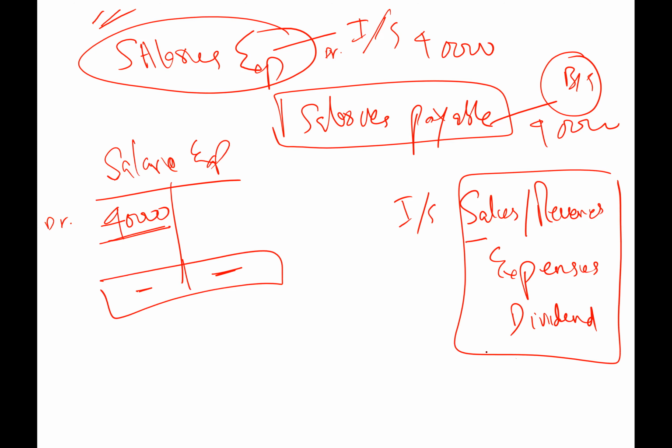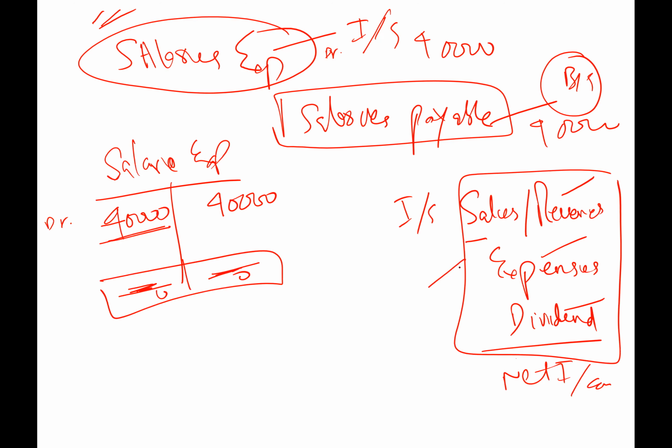Sales minus all expenses and minus dividend is your net income, right? So we must close down their balance to zero. How are we going to close down? If we have some kind of entry that makes salary expense credit 40,000 as well, then this balance is going to be zero or closed, right?